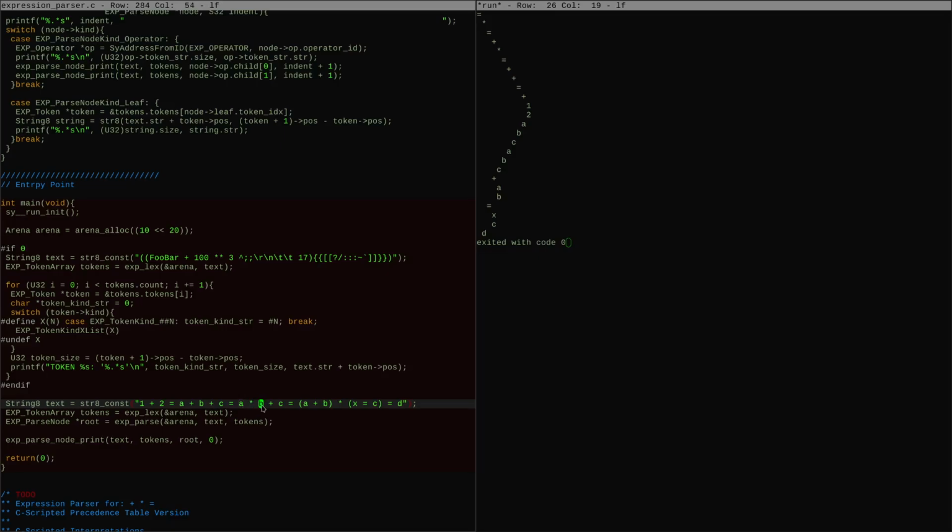So this, for instance, should be reading as A times B as a thing, right? Plus C equals, and then all the rest, right? But what's actually happening is it's reading as equals is the root of all of this, and times then takes all of this information and multiplies it to the B, right?